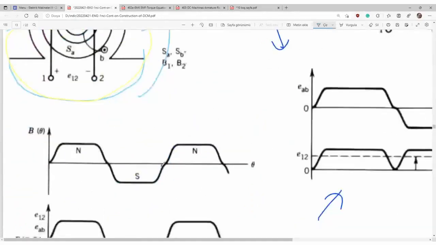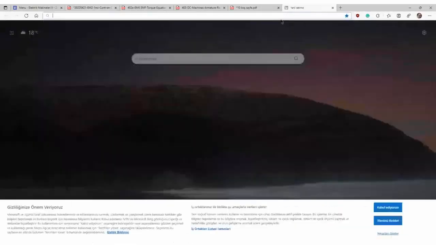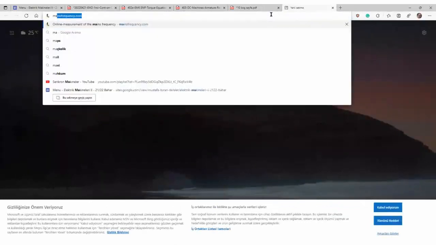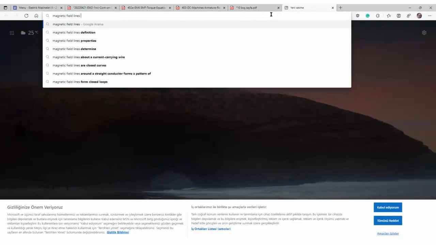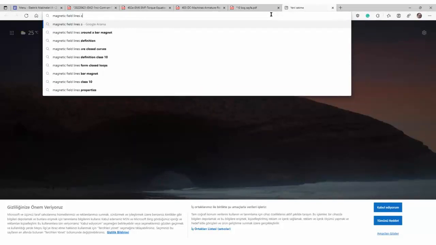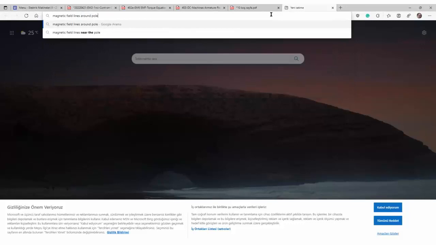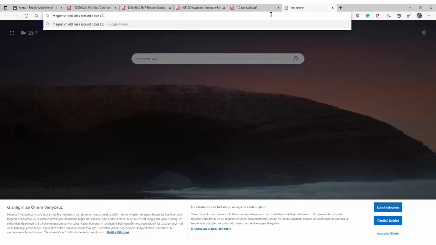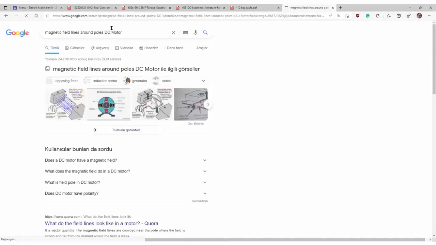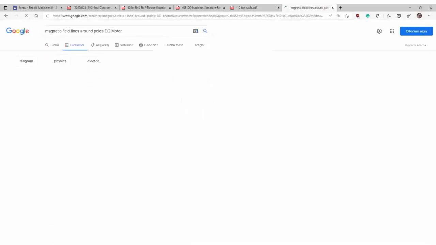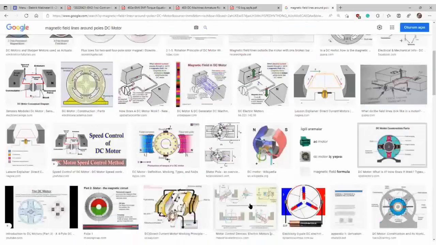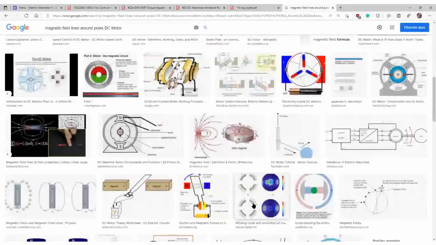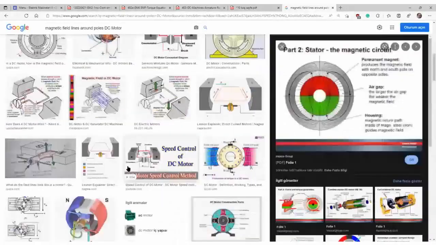Okay, let me search for magnetic field lines around poles of a DC motor. Images. It's not clear. Something better, but not clear.